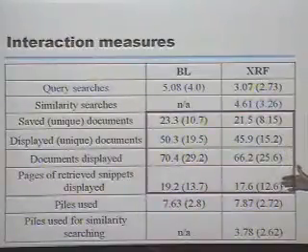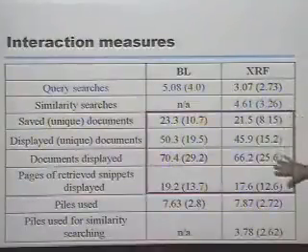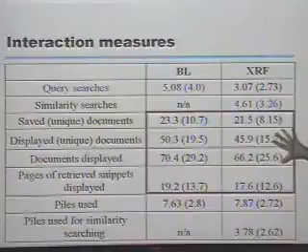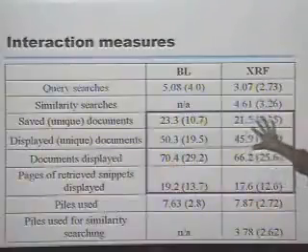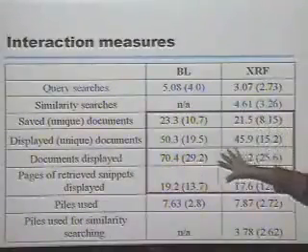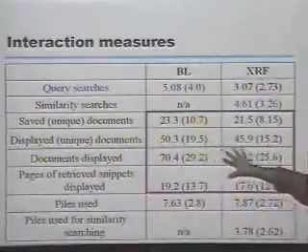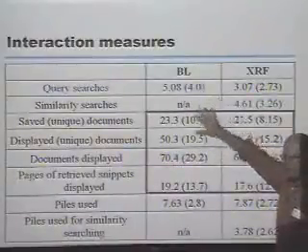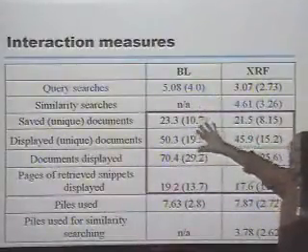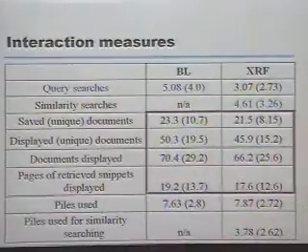So all of the numbers were smaller, none significantly so, but all smaller on XRF, which suggests to me that they were probably doing a little more thinking and a little more reading time here compared with here. I don't know what else to read into that, apart from they were doing fewer searches here, so they were obviously spending more time paging through results and having a look at individual documents.